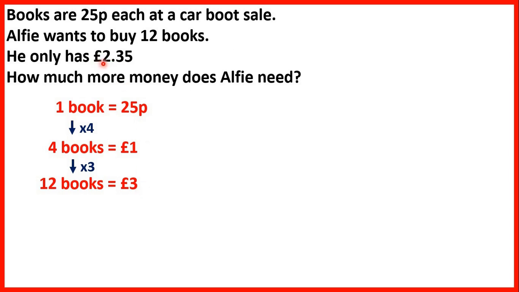But he only has £2.35. How much more tells us that we're finding the difference between two values, so the difference between £3 and £2.35. And when we find the difference, we need to subtract. £3 minus £2.35 is 65 pence, so that's our answer.